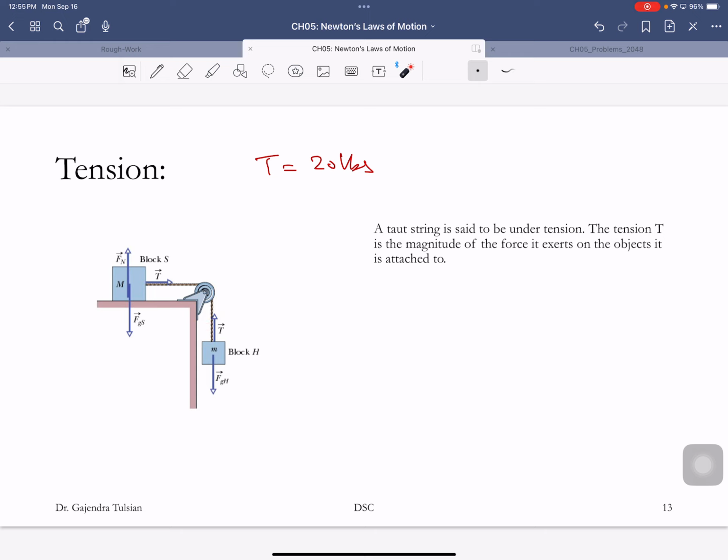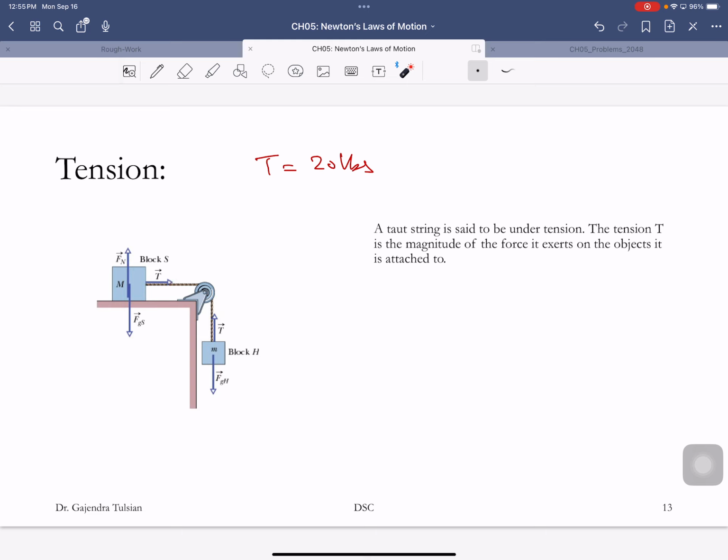So what that means is the following. When you have a taut string, what you want to think of is a stretched rubber band. So when you have a stretched rubber band, whatever is attached to the rubber band, what is the rubber band trying to do? It's trying to become smaller. So this string is trying to become smaller.